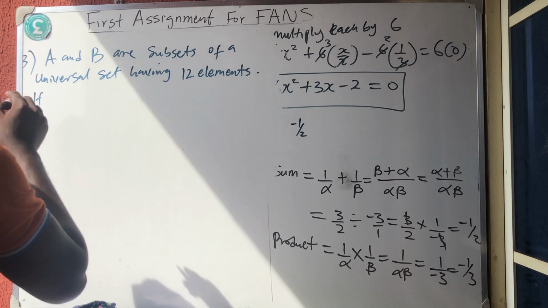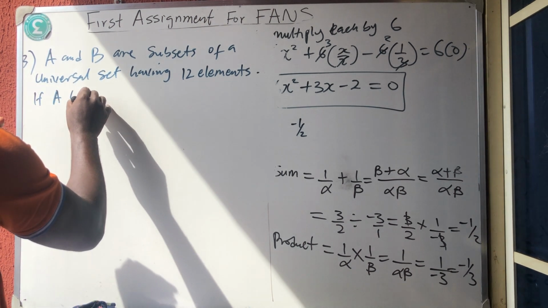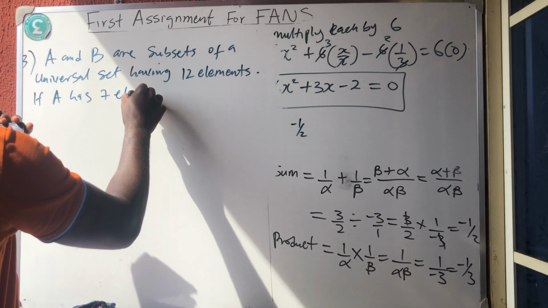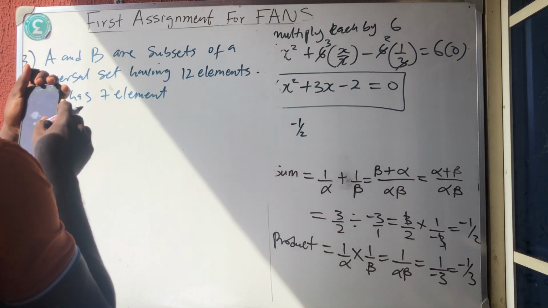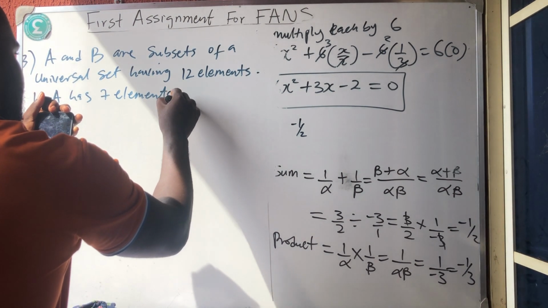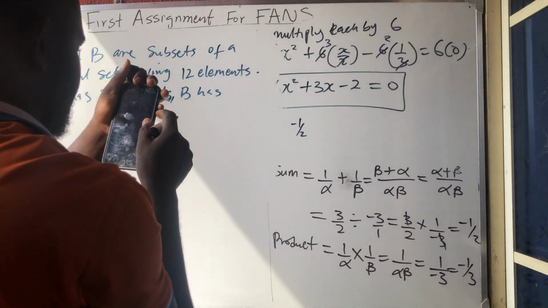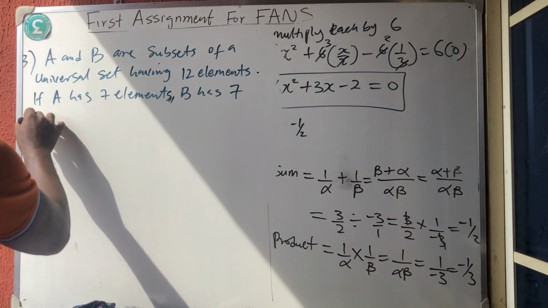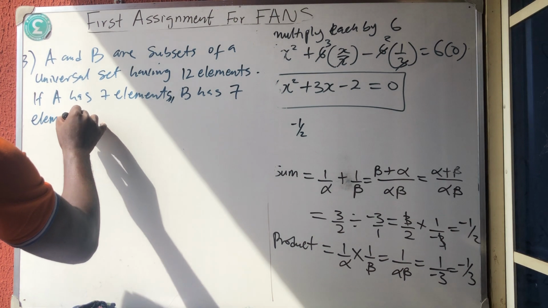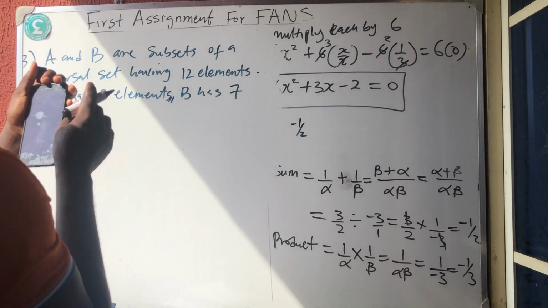If A has 7 elements, B has 7 elements as well, okay, full stop.